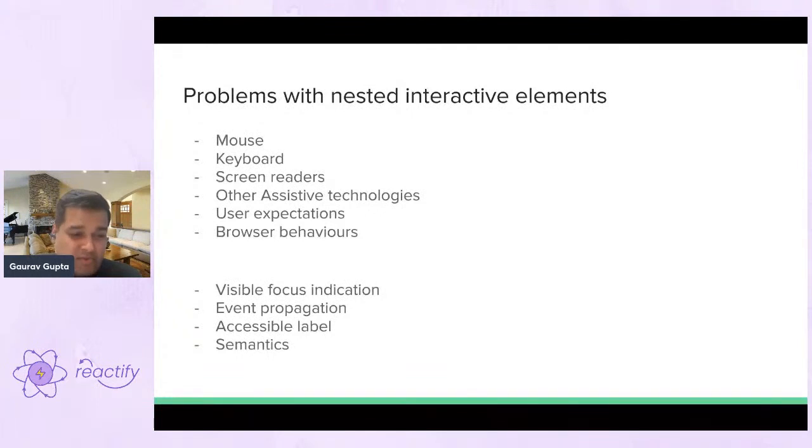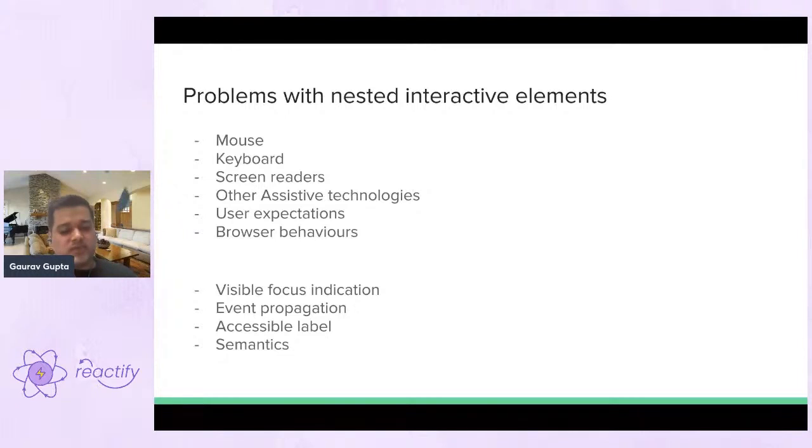Then browser behaviors differ based on what kind of nesting you are doing. So we'll just quickly see some problems that might happen with this, but we'll not go in depth into every problem, because there are some examples through which we'll try to understand these problems later, right?